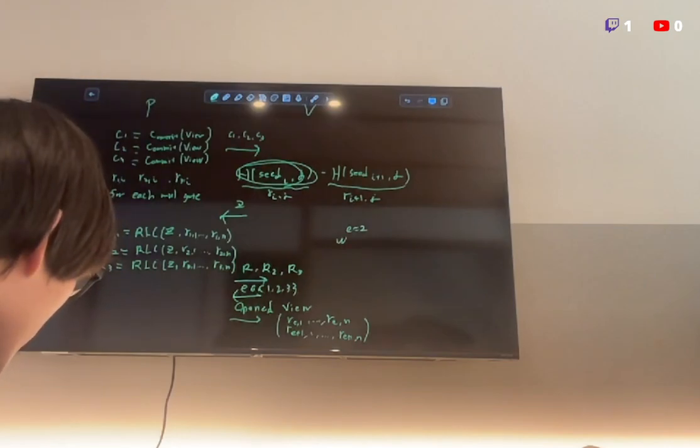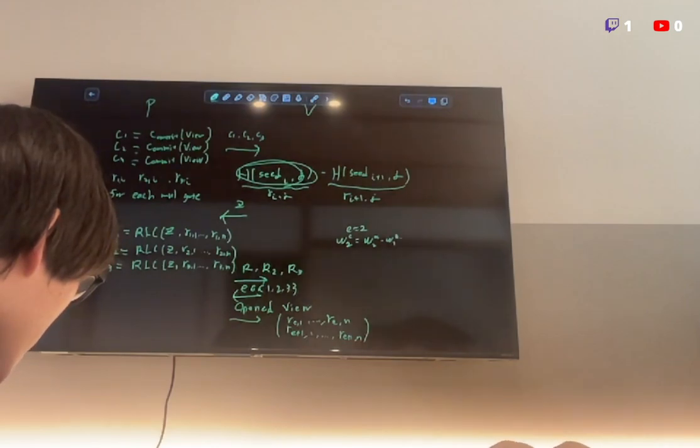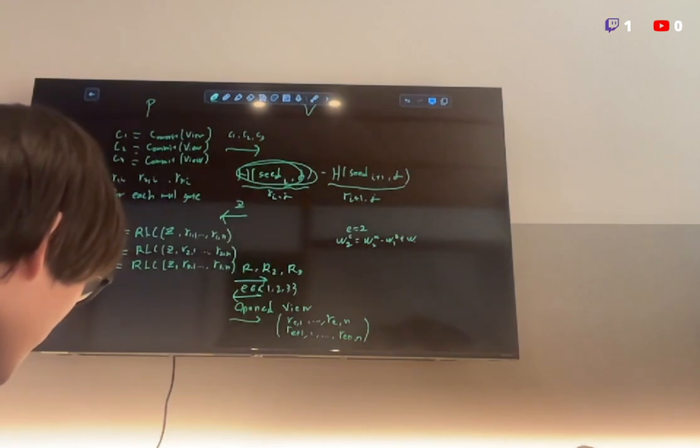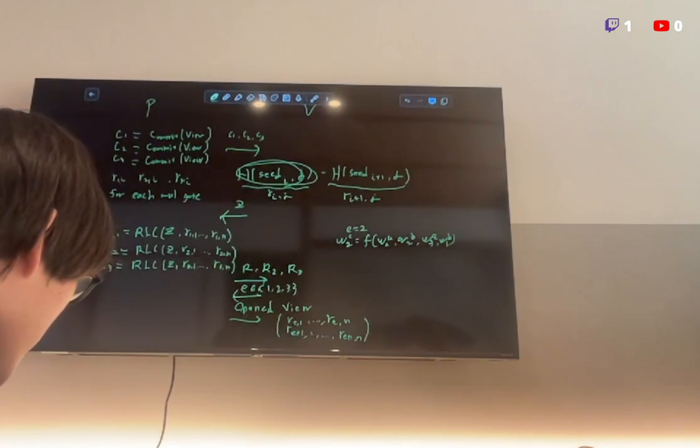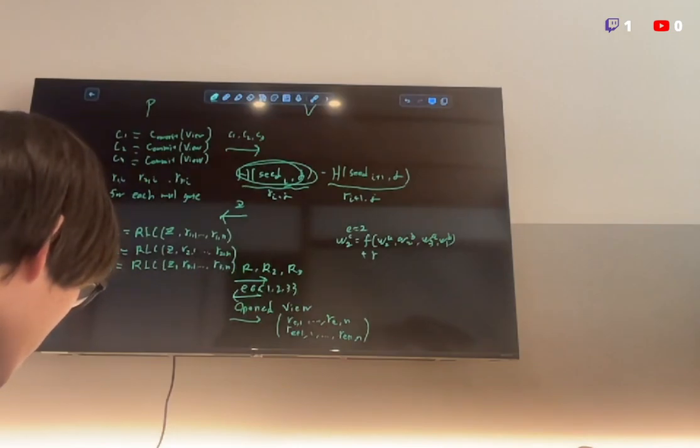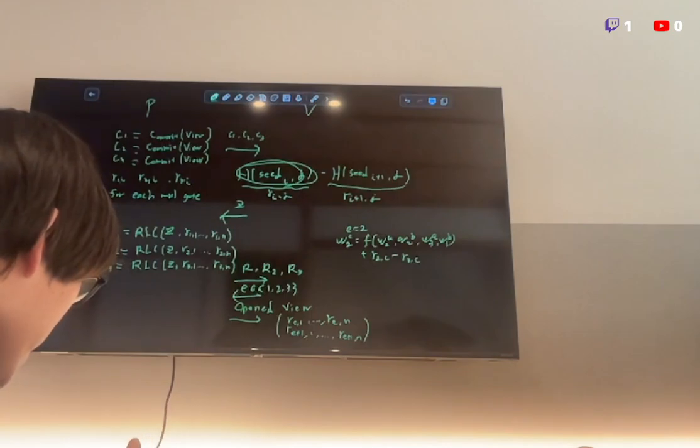If the gate is C, it will be this way, and there's some multiplication going on, depending on W2A, W2B, W3A, and W3B, and the randomness is R2C minus R3C.